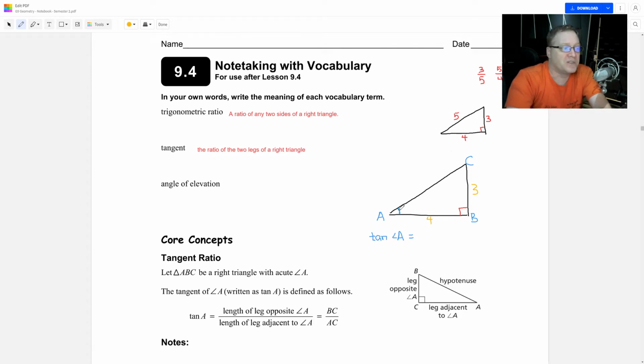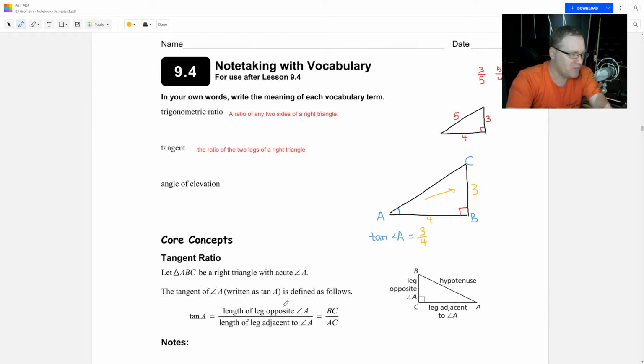Well, the tangent is always the side opposite on top, all right? So the tangent of angle A is going to be 3, and then the adjacent side, that means the one that's next to it. Here's angle A. The side that is next to angle A, the leg that is next to angle A, is this one right here, which is 4. All right? So it's always going to be the opposite one over the adjacent one.